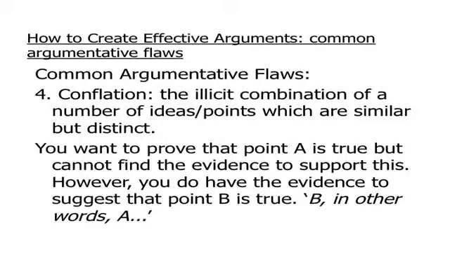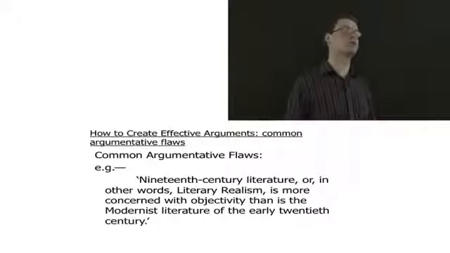Okay, so let's look at an example of conflation from the essay that we've actually been using as an example. So this is an example of conflation. "19th century literature, or in other words, literary realism, is more concerned with objectivity than is the modernist literature of the early 20th century."